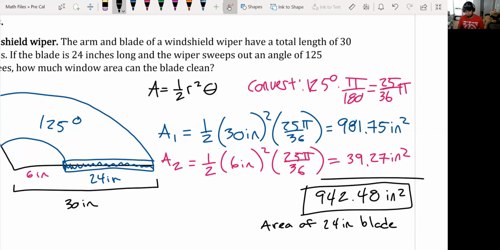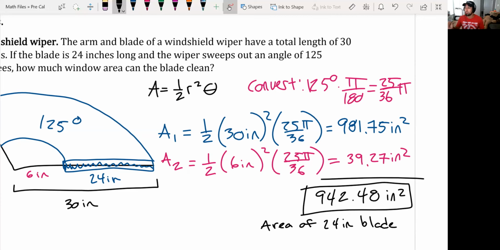Let me just verify something. Yeah, if you type in 24 into this formula, it'll actually just give you 628 square inches, which is not true.